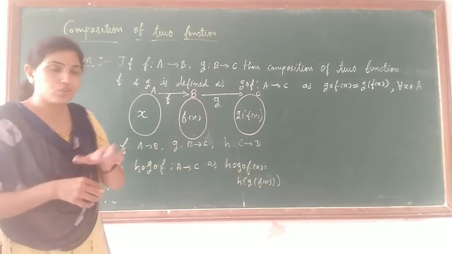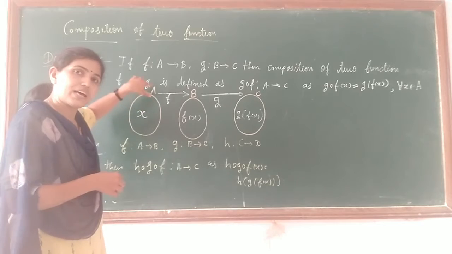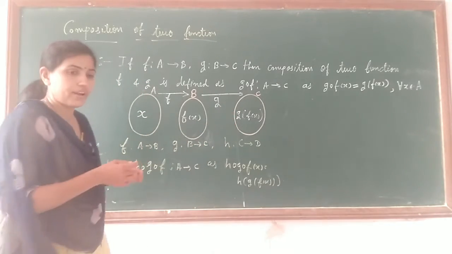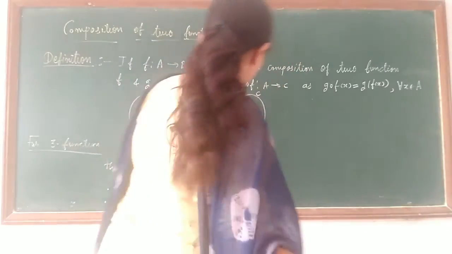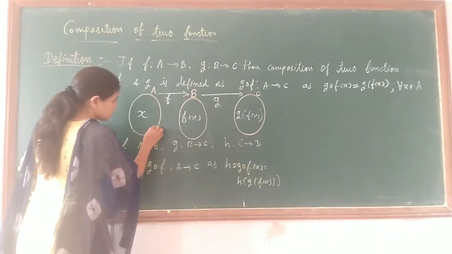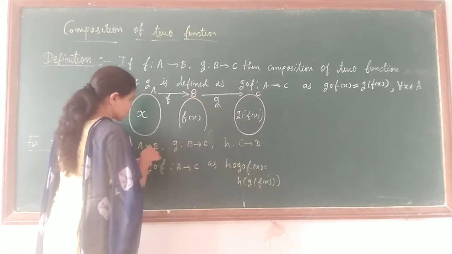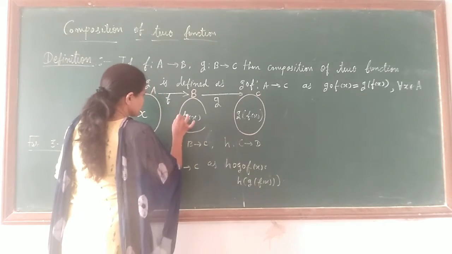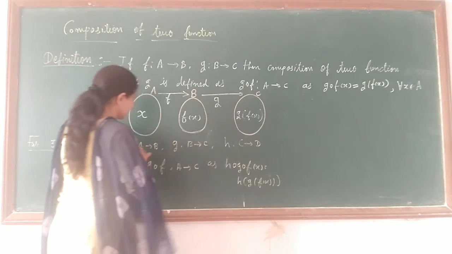Now is it possible to define one function which takes the element of A directly to C? Let me see how to define it. I am making this Venn diagram a little shorter.